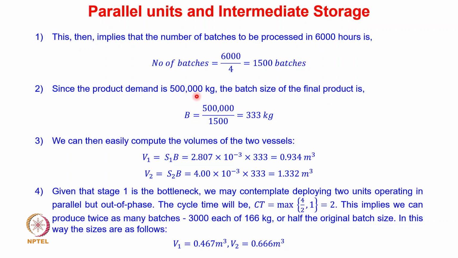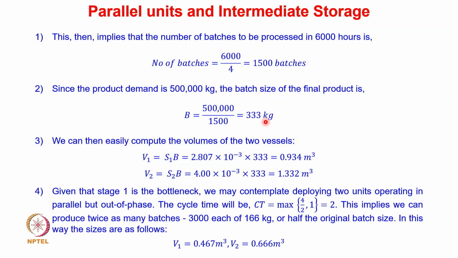So 5 lakh kg divided by the number of batches gives the amount that needs to be produced in each batch. You can see that 333 kg has to be produced in each batch, so the batch size is 333 kg. Now with this batch size, we can obtain the size of stage 1 and stage 2.